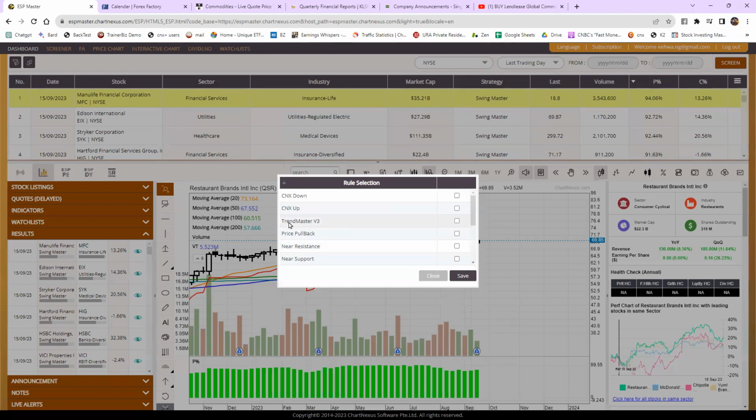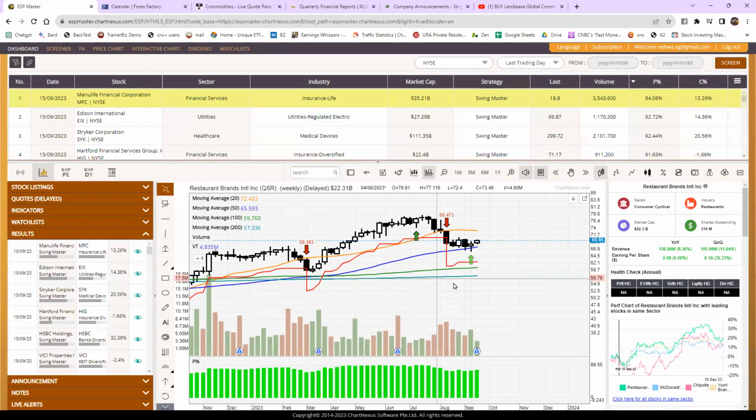Trend Master V3 is your daily go-to strategy. And then you have your top 50. This one you do once a week, once a fortnight, or once a month. You have a good list of stocks, and you don't need to hunt every day, because that list doesn't change a lot since the price momentum is supposed to be strong. Swing master is weekly. The rest I will tell you when the time comes.